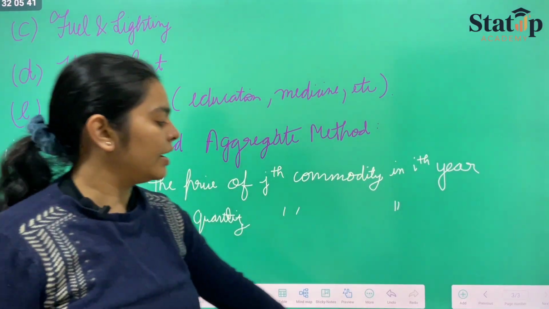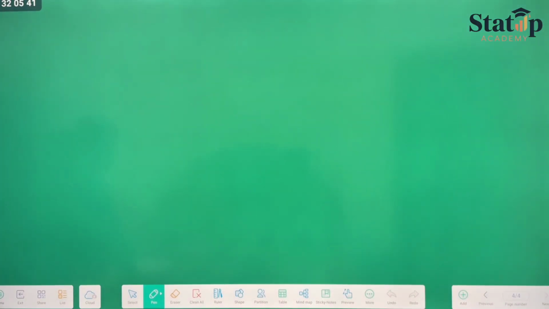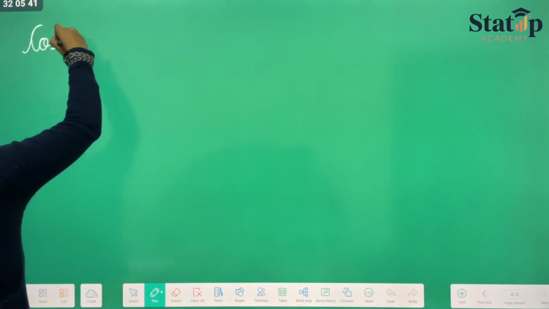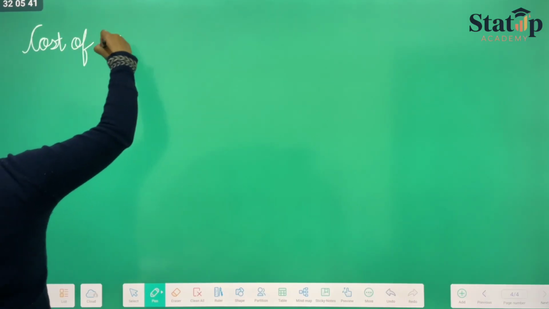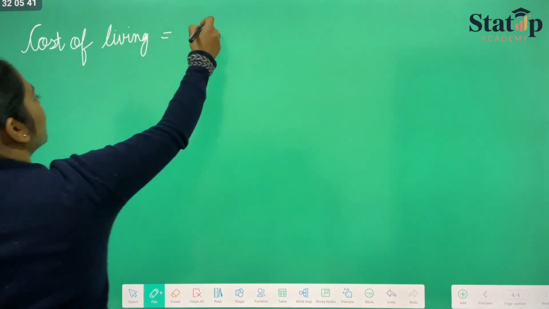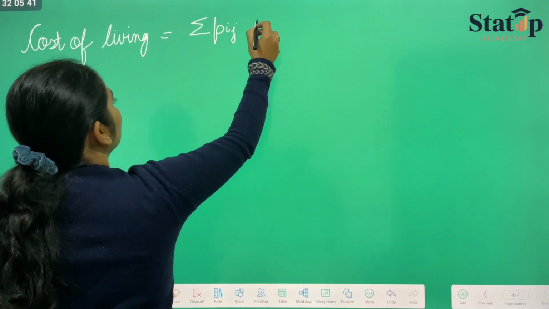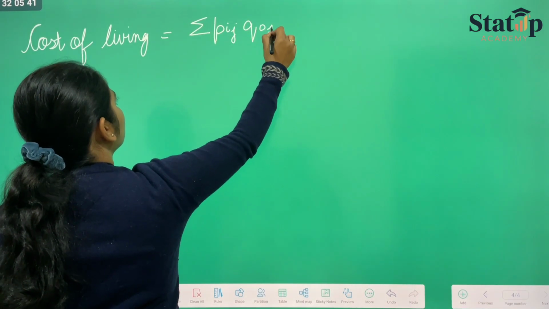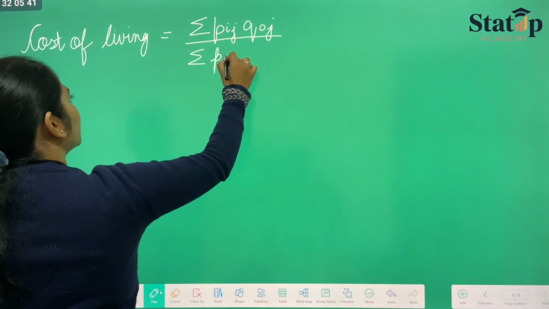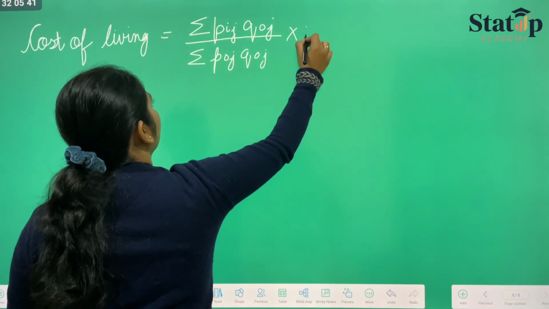Now the weighted aggregate method can be given as cost of living equal to summation of Pij Q naught j upon summation of P naught j Q naught j, into 100.